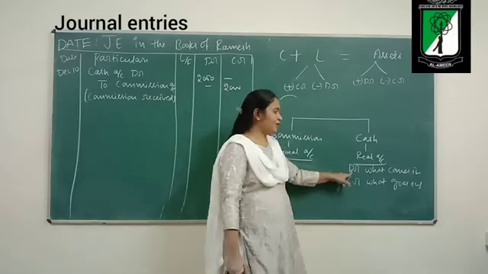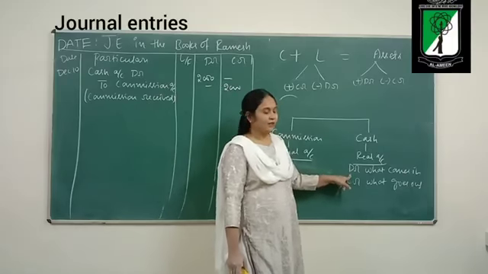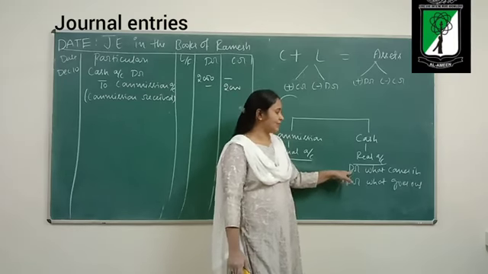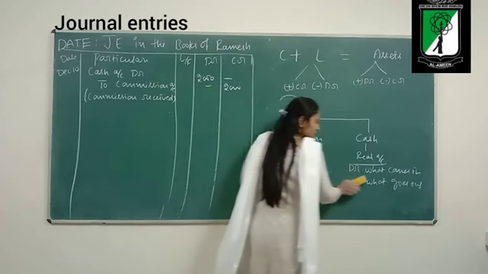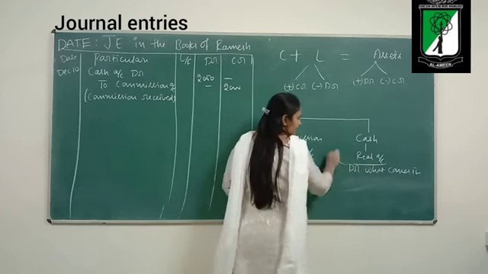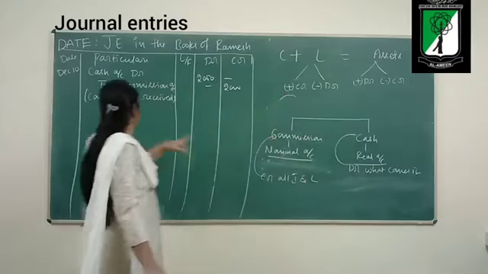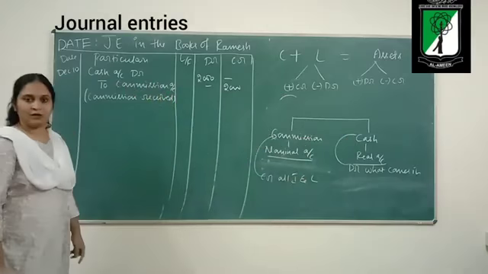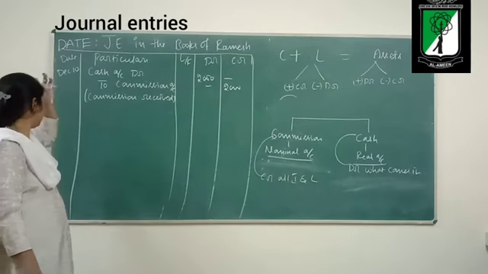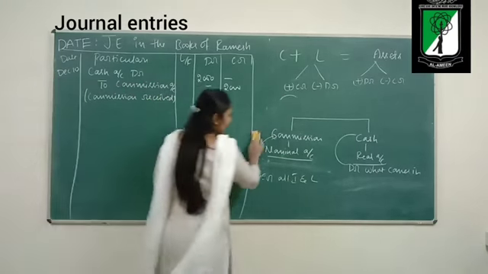Business is receiving commission in the form of cash. It is coming in, so I will debit cash. Debit cash, credit commission. So, this is the journal entry.